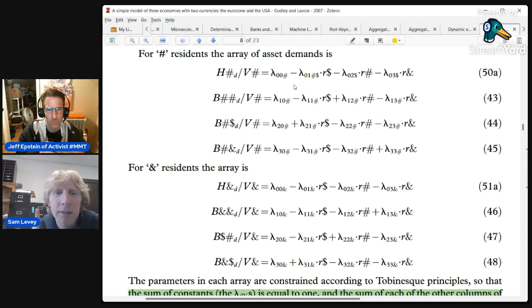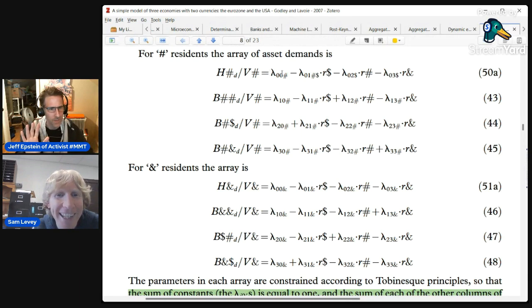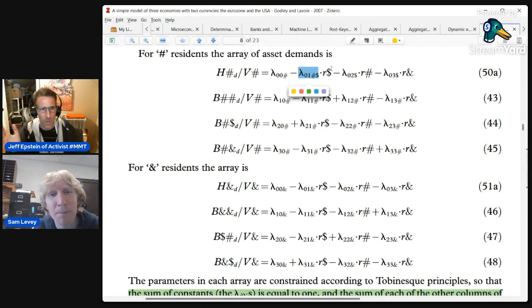Okay. So that implies something about these various coefficients here. And let me just define coefficient, please. Sure. So coefficient just means when you multiply something. By coefficients, I'm talking about these lambdas, right? A coefficient is when you multiply a number by something else. Is a product made up of two coefficients?